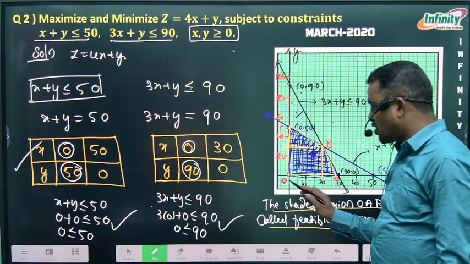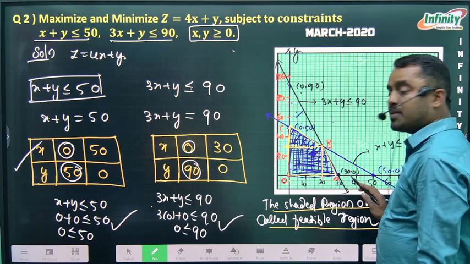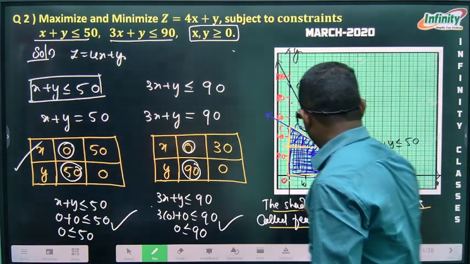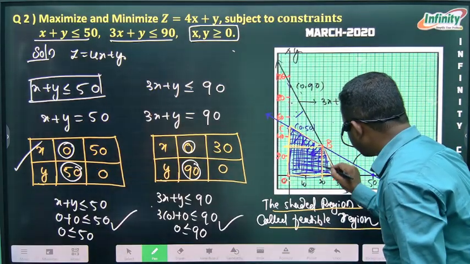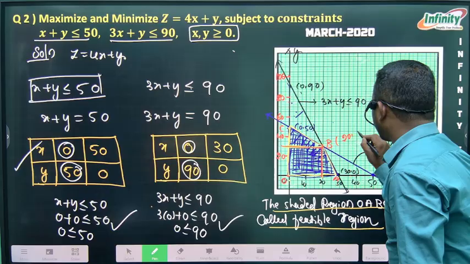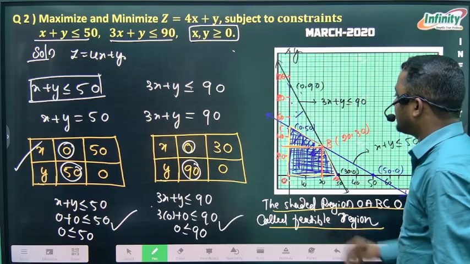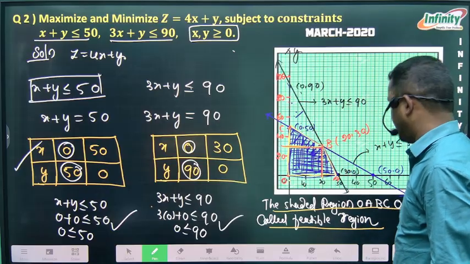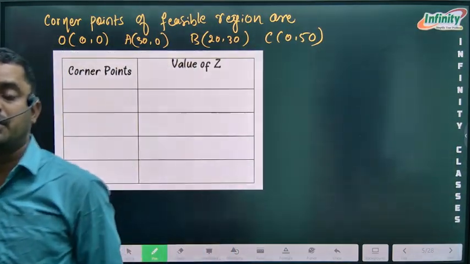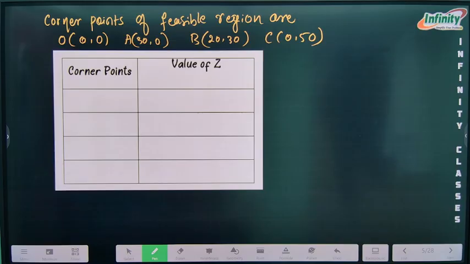B is the point of intersection, (20, 30), and C is (0, 50). So we are writing here (0, 0), (30, 0), (20, 30) and (0, 50).